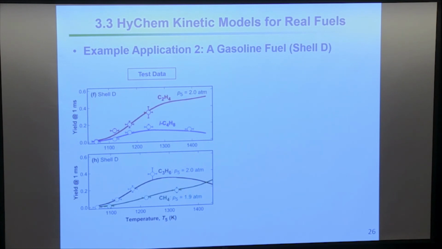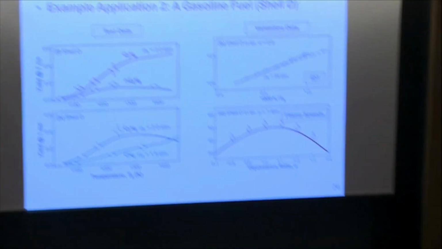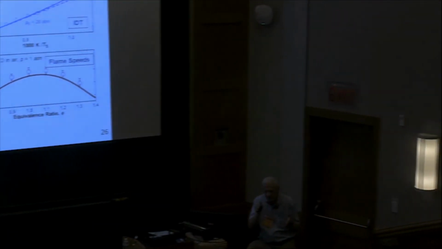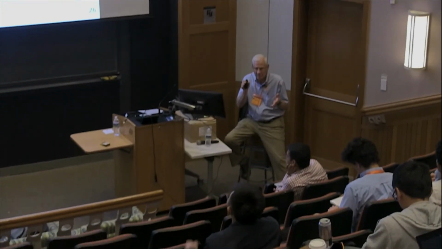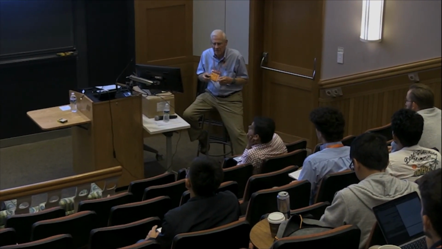But I'd like to talk about the hybrid approach, which we call high temperature Hi-Chem. So we did this, but that lumping reaction only works down to about 1100 Kelvin. When you get to lower temperatures, we have to bring in some other reactions. And that's kind of what we're doing now.